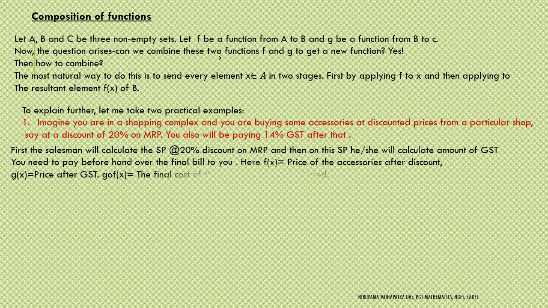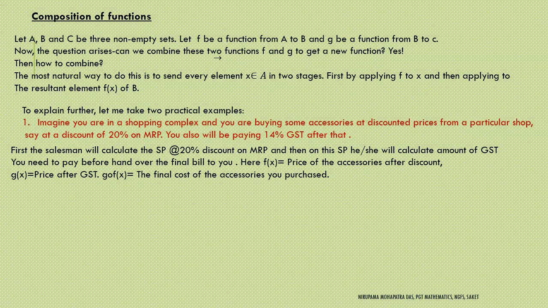So before paying the final bill, there are two stages. First, the salesperson will calculate the selling price at the rate of 20% discount on MRP. And on that discounted price, he or she will calculate the amount of GST you need to pay.